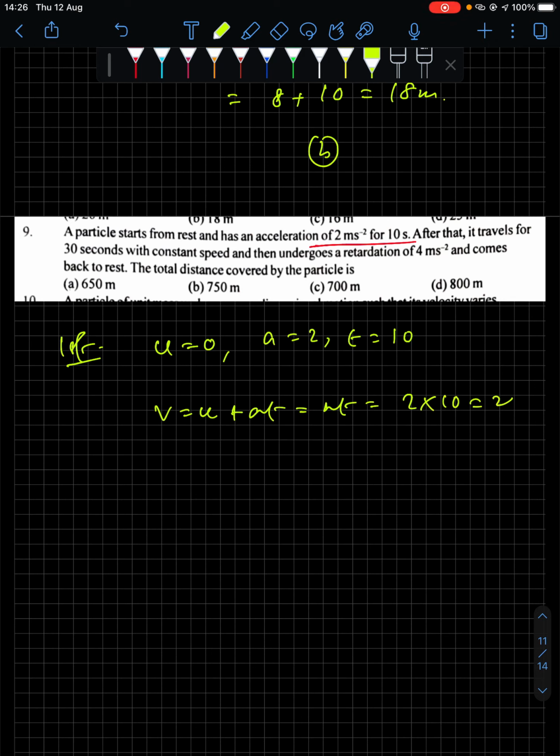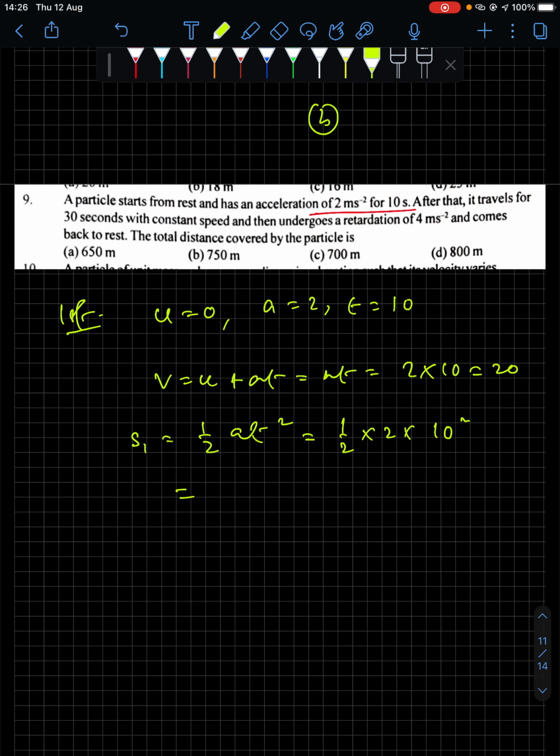So 2 into 10, 20. Now if you do s, let's write down s1. Here, since initial velocity is 0, half at square. So half into 2 into 10 square, and this gives you 100 meter.